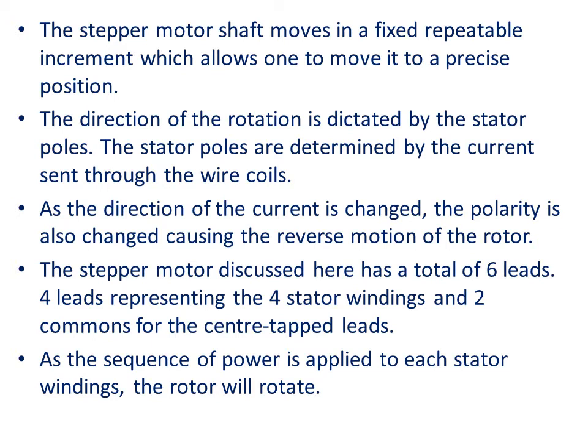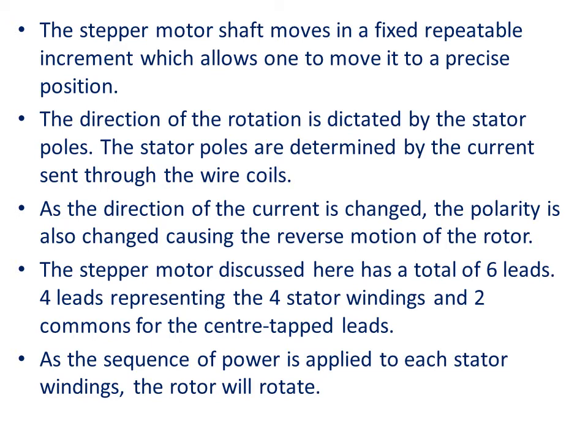We can note that a conventional motor shaft runs freely, but the stepper motor shaft moves in a fixed repeatable increment, which allows one to move it to a precise position. This repeatable fixed movement is possible as a result of basic magnetic theory, where poles of the same polarity repel and opposite poles attract.